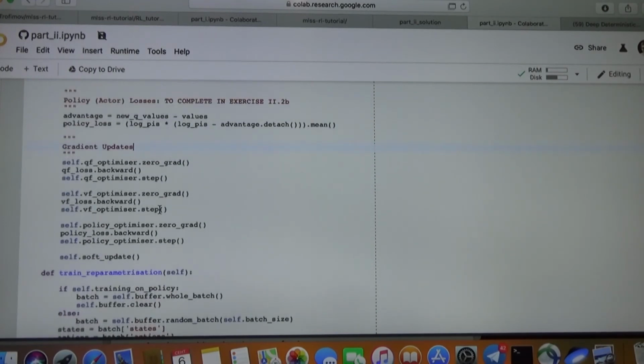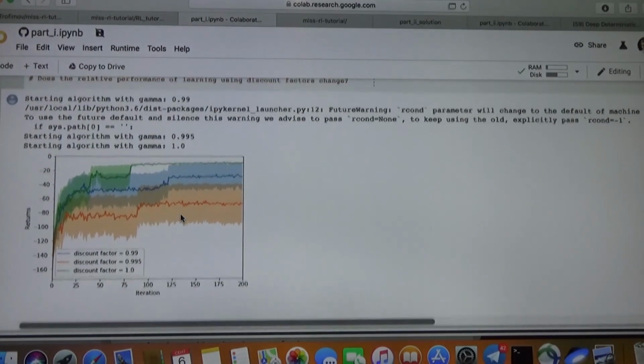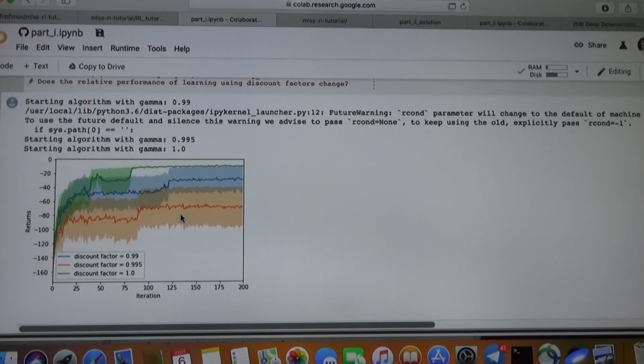Okay, so I forgot it, but we started the first agent in the pendulum environment, and in my Colab it is finished. So this notebook produced an interesting plot. It is average returns with different discounting factors.